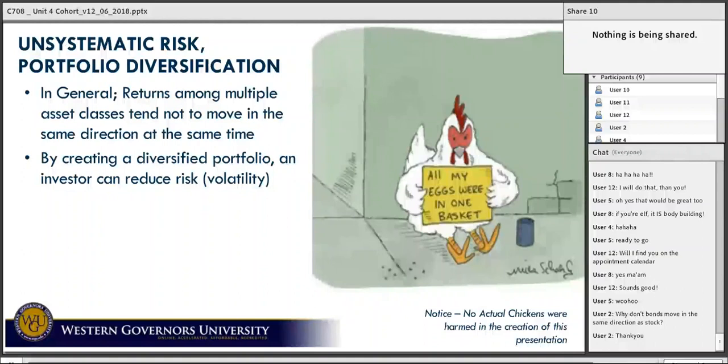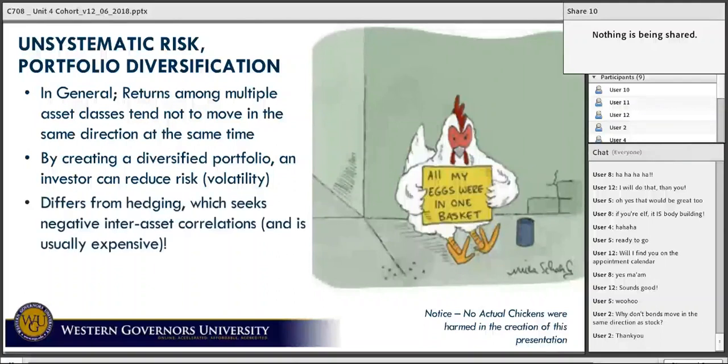Now, Apple goes down. Does McDonald's necessarily go down at the same time? Probably not, right? And so what you've done is you've laid off some of that risk of having that concentrated position. That's what we're talking about here. So that's considered unsystematic risk, and if you diversify your portfolio, you can reduce it.